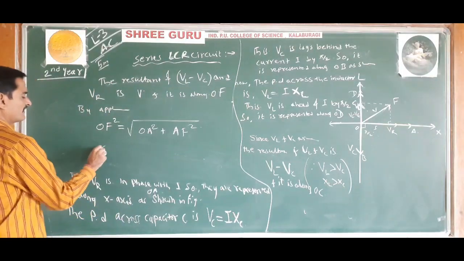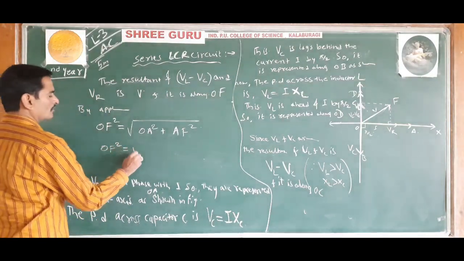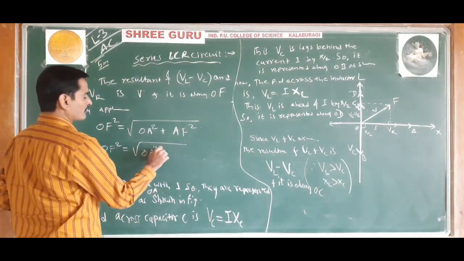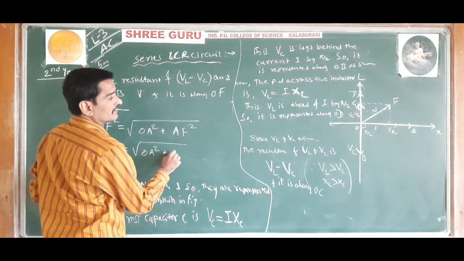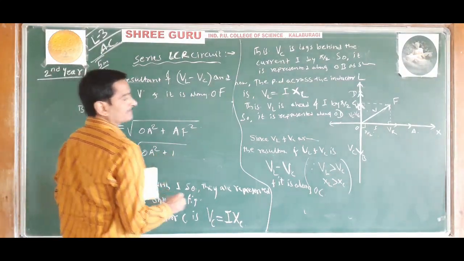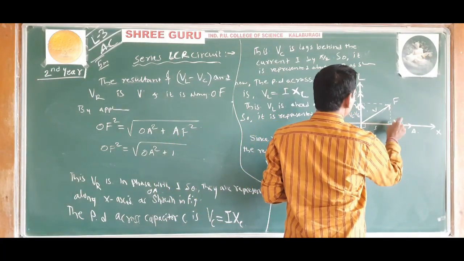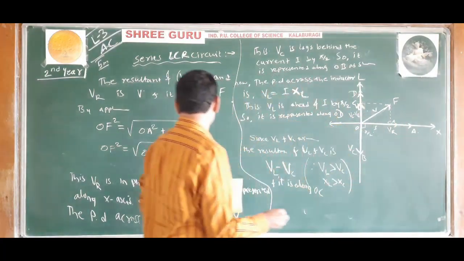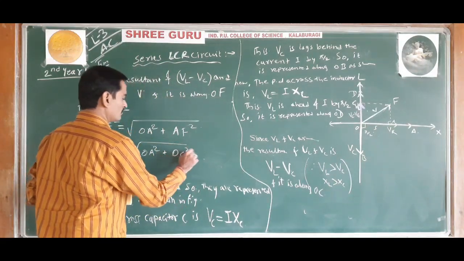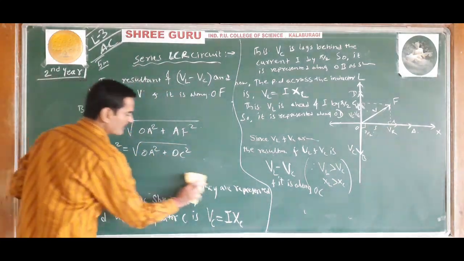AF is same as AC. So OF is equal to under root of OA square plus OC square. So now substitute their values.